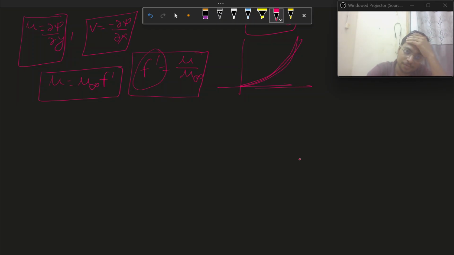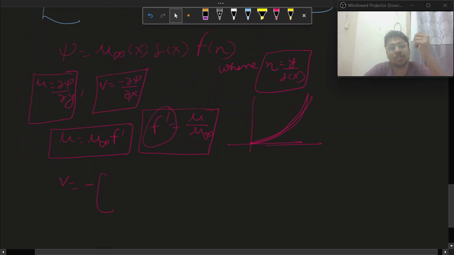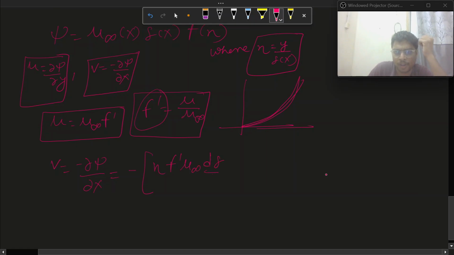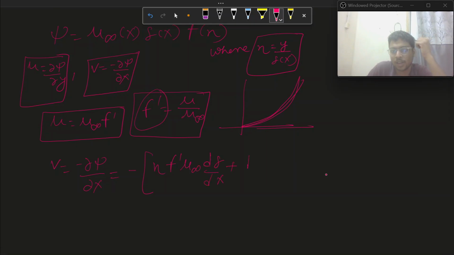So we get v, if we differentiate this with respect to x, ∂φ/∂x. If we differentiate, we get minus η f dash u_infinity dξ/dx plus f d/dx of u_infinity ξ.